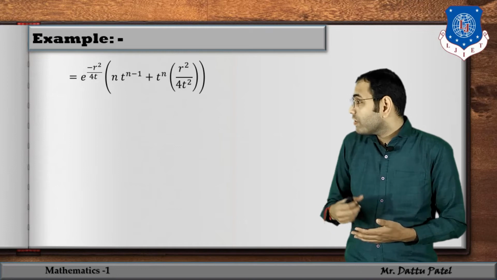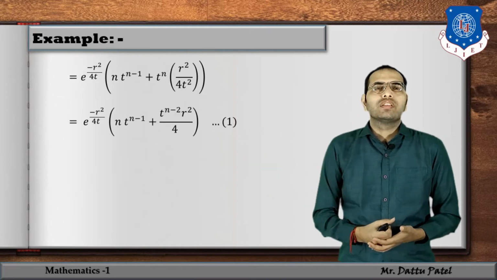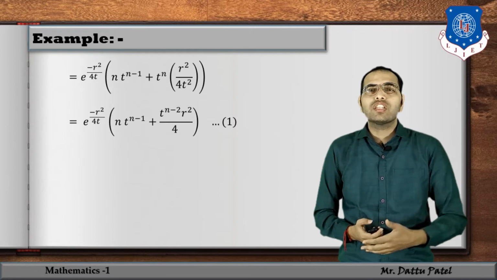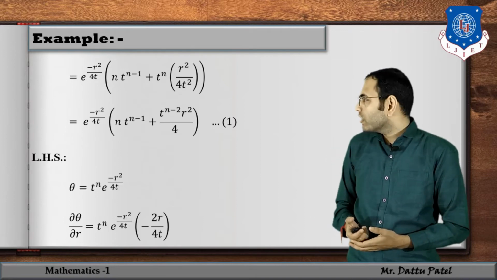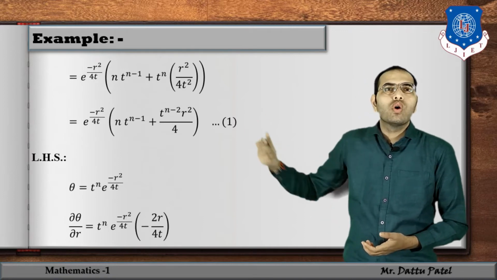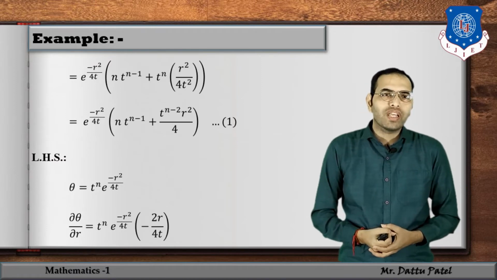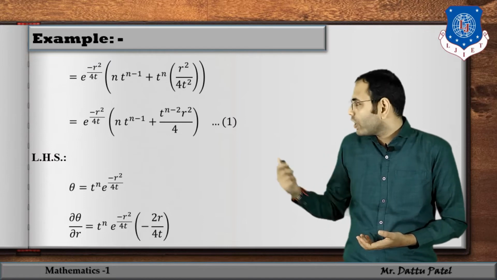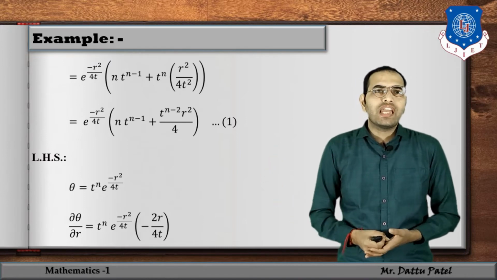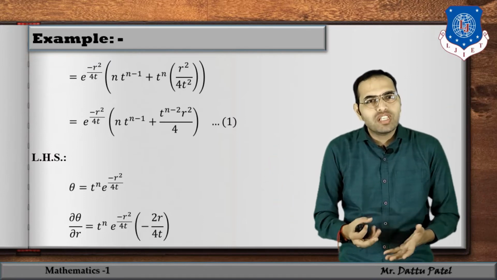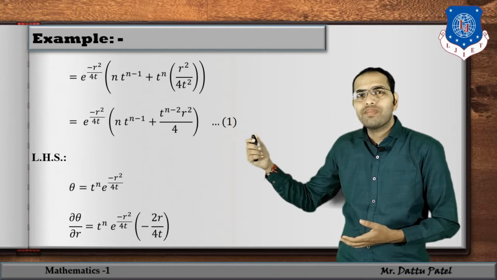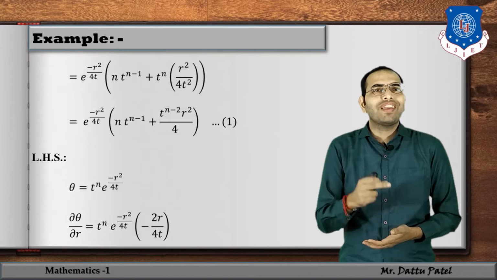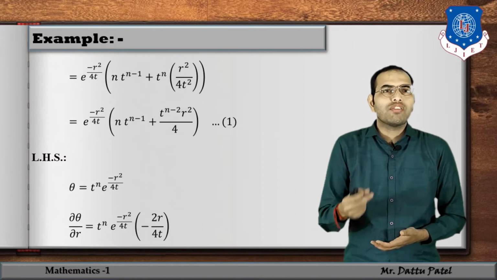Now let's see our LHS portion. According to the LHS portion, firstly the derivative of theta with respect to r. Here theta equals t raised to n into e raised to minus r square by 4t, so t raised to n is treated as a constant, and for e raised to minus r square by 4t, the derivative of the exponential function is the exponential function itself, then into the derivative of minus r square by 4t, that is minus 2r by 4t. Two 2s are 4 here.